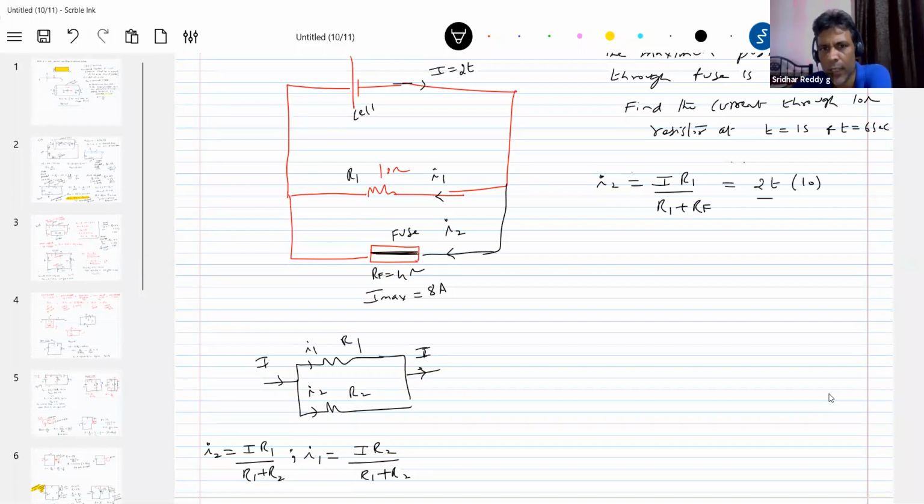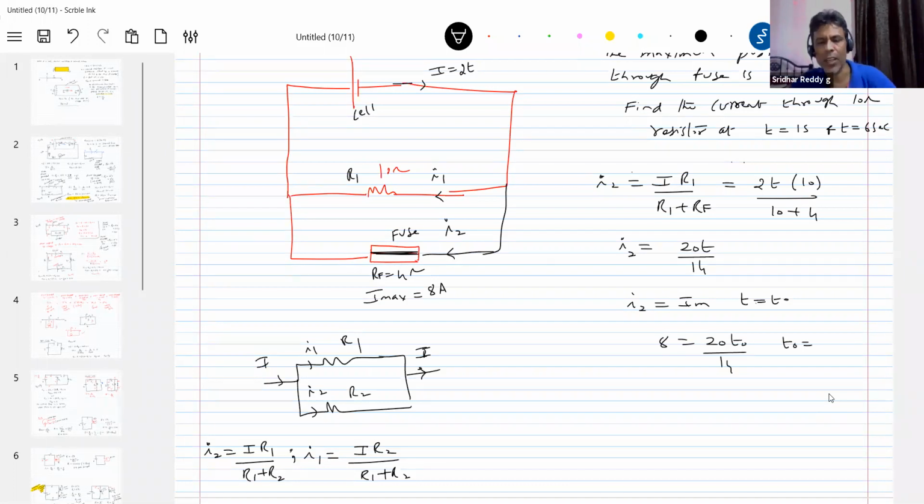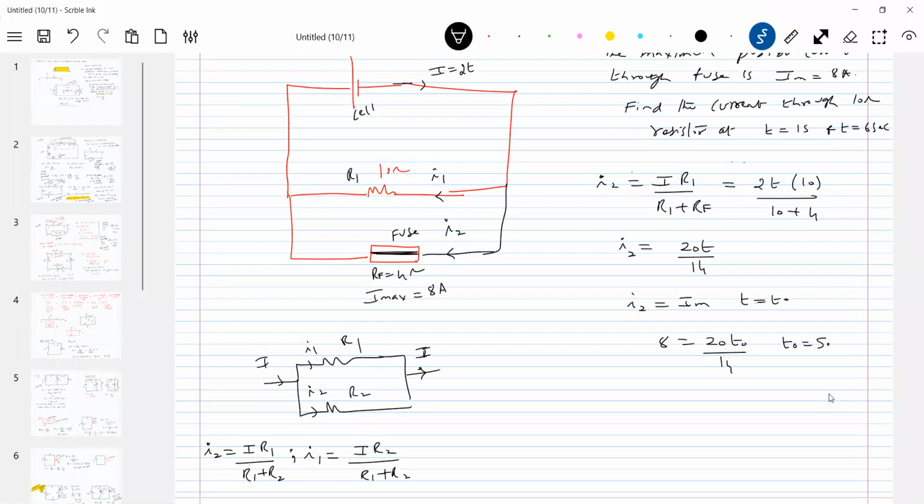R1 is 10, so this will be 10 plus 4, that is 20t by 14. What is the maximum permitted value of I2? When I2 becomes equal to Im, we'll calculate the time, let it be t naught. So this should be equal to 8 equals 20t by 14. Anybody value of t naught? 5.6. 5.6 seconds.